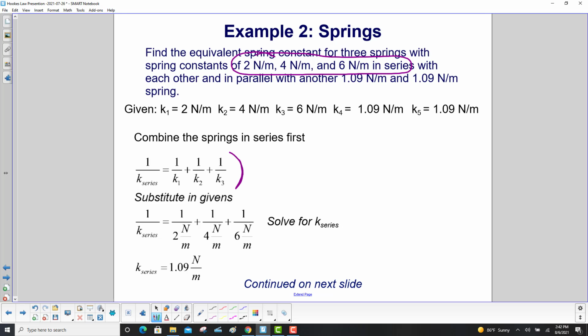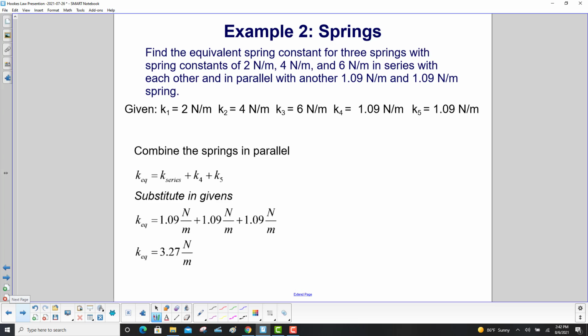And we use this equation here: 1 over k series is 1 over k1 plus 1 over k2 plus 1 over k3. Plug in the numbers, and when you add up the fractions, that equals 1 over k series. So to find k series, you have to flip the answer you got. So make sure you do that. And when you do that, you get 1.09 newtons per meter.